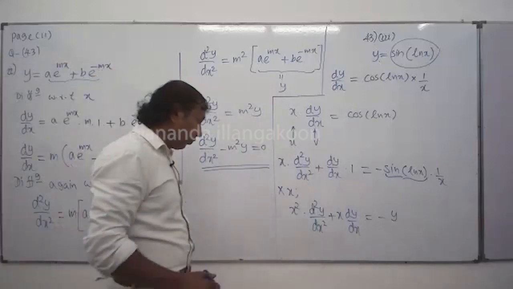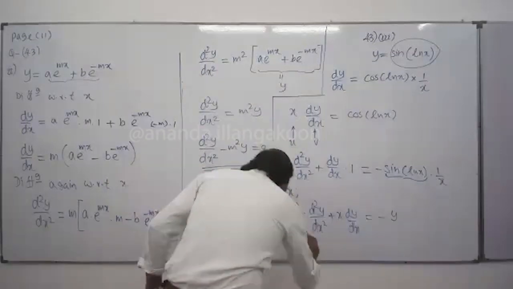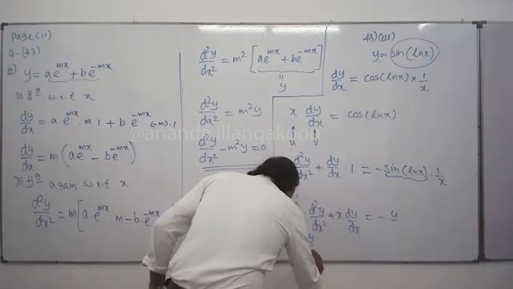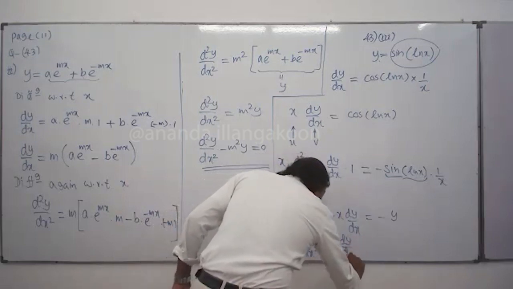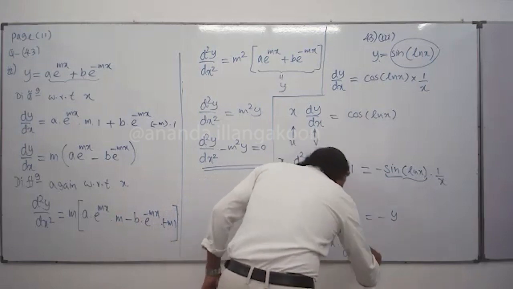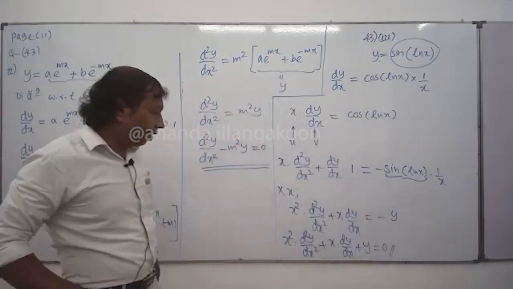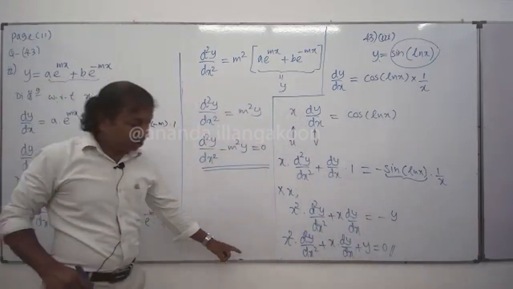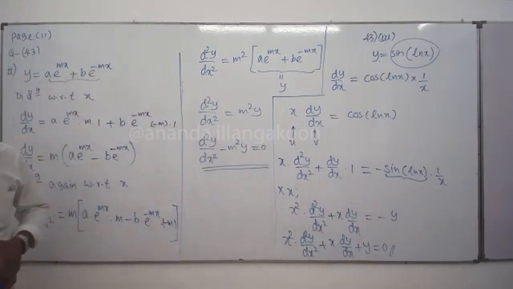Now this will be plus y, right? Write down therefore x squared d2y over dx2 plus x dy by dx plus y equals 0. This is how we form that differential equation. This kind of equation is called, people, a differential equation, right?